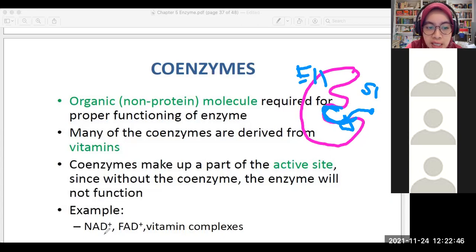Upon binding of NAD+, the enzyme will change its structure so that substrate 1 can bind to the active site. Without NAD+, the enzyme will not change its structure, so the substrate cannot bind to the active site. This does not apply to all enzymes. Only certain enzymes have coenzymes.